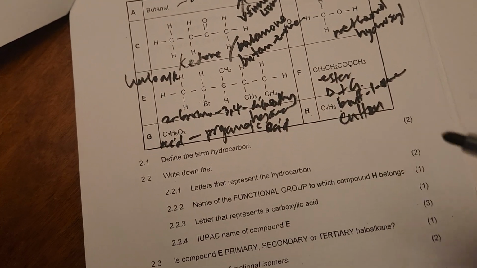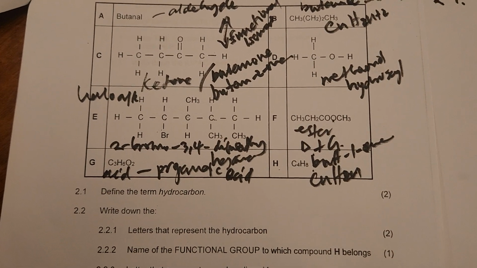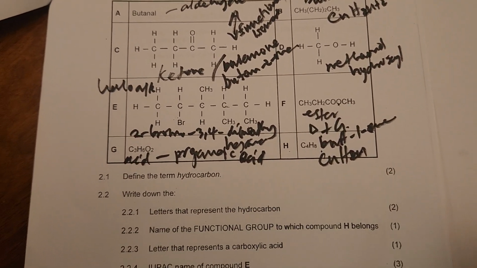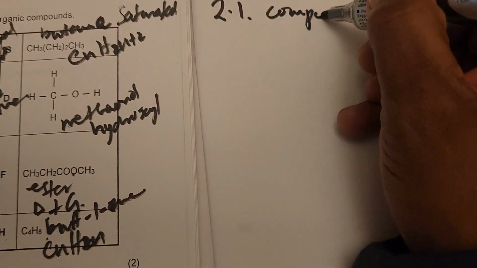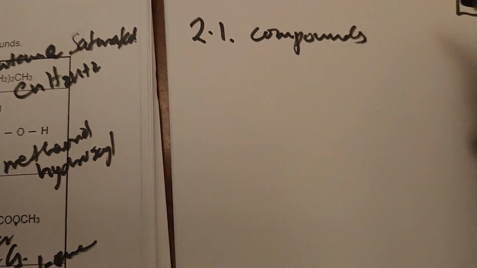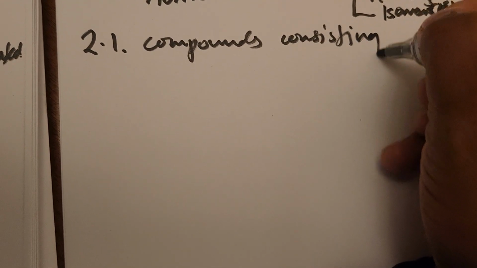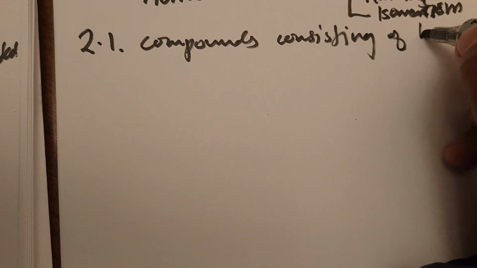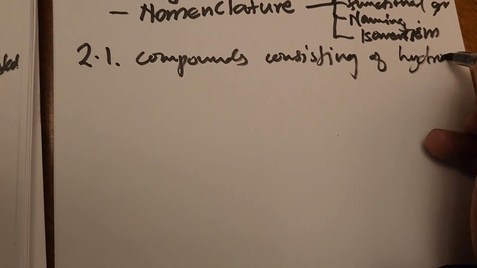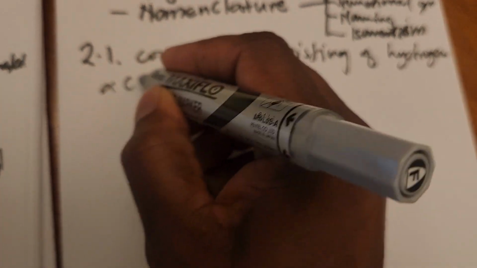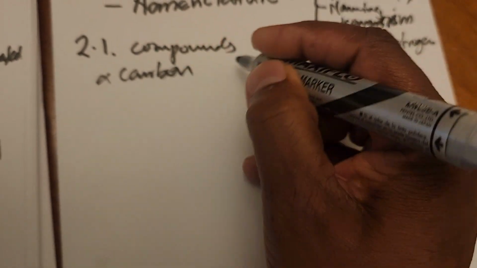Let's answer the questions. First one, define the term hydrocarbon: compounds consisting of hydrogen and carbon only.